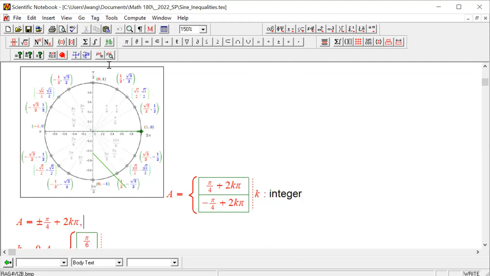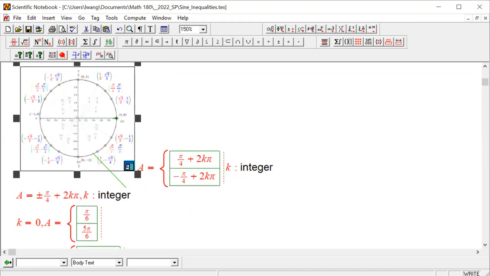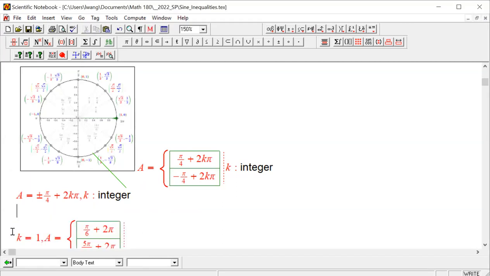So this is the other way, a more compact way, to write the solution to our question here.